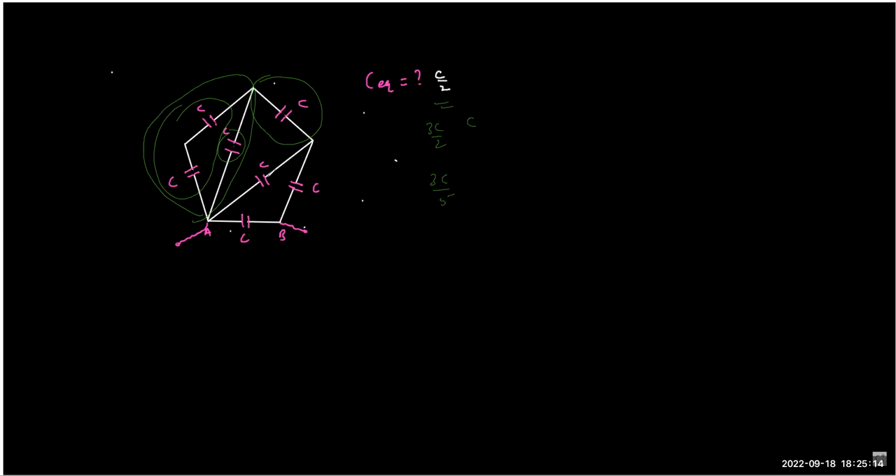Now 3C by 5 and this C are in parallel, so 8C by 5. And 8C by 5 and C are in series combination, so 8C by 13. So we are done till here. Then plus C is 21C by 13, the correct answer. Yes, I think Tanish got the answer. I made a mistake.